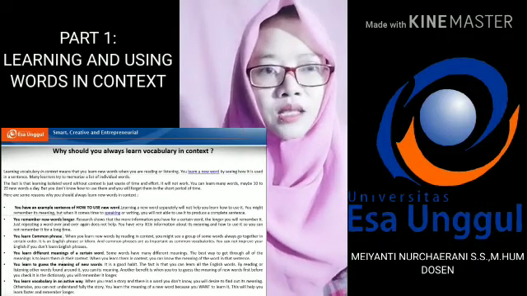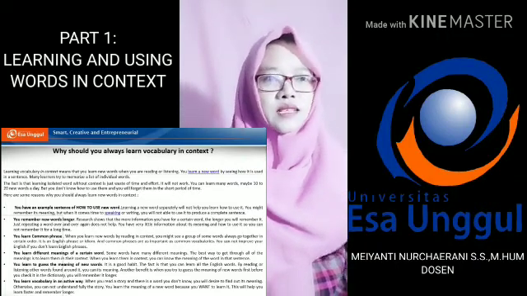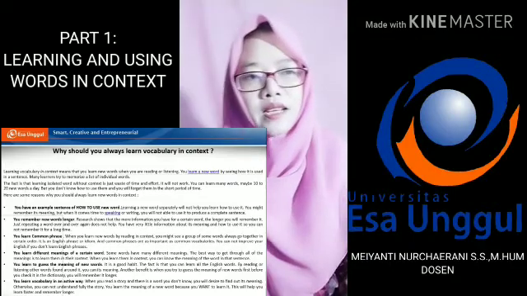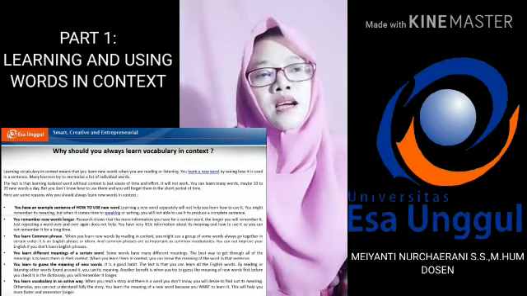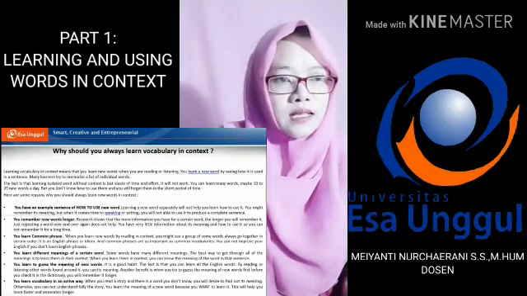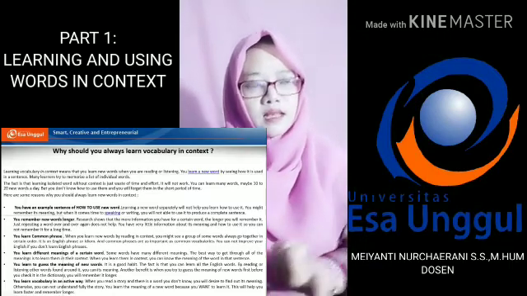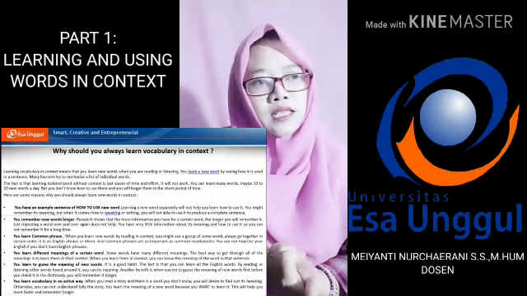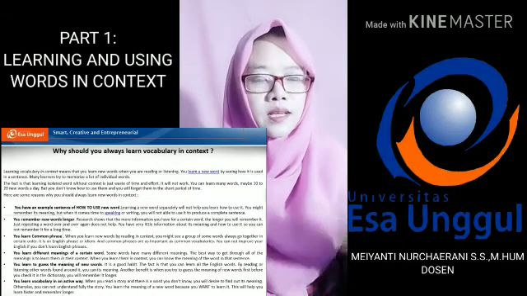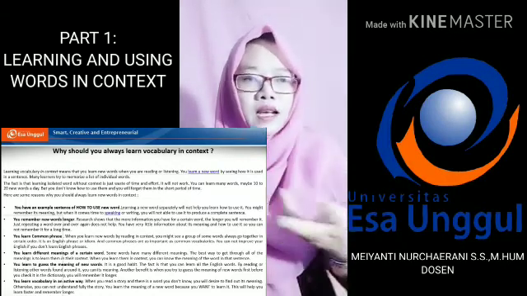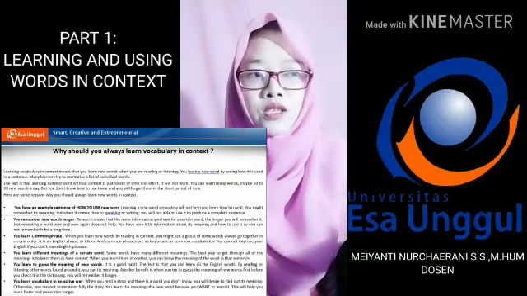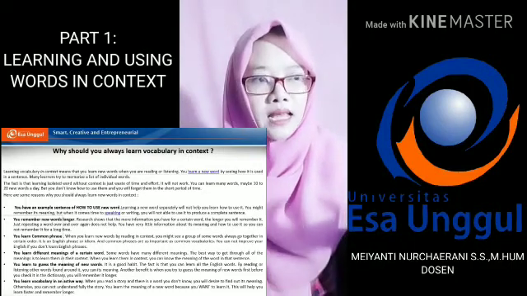There are some reasons why you should always learn new words in context. One, you have an example sentence of how to use the new word. Learning a new word separately will not help you learn how to use it. You remember its meaning, but when it comes to speaking or writing, you will not be able to use it to produce a complete sentence.